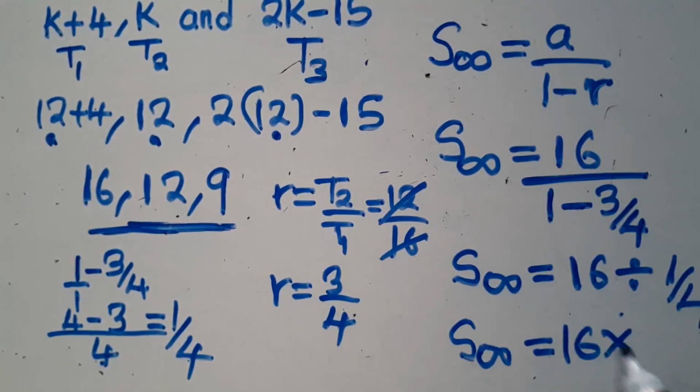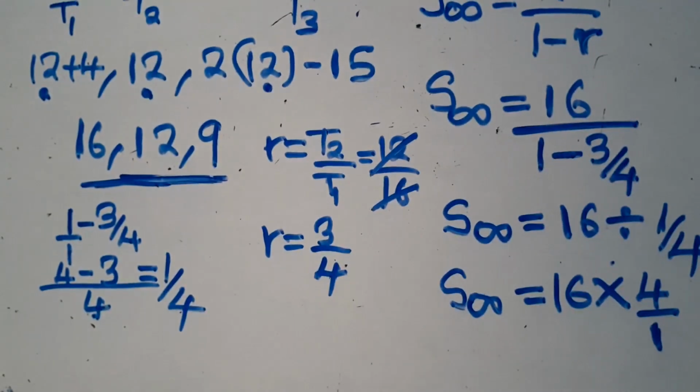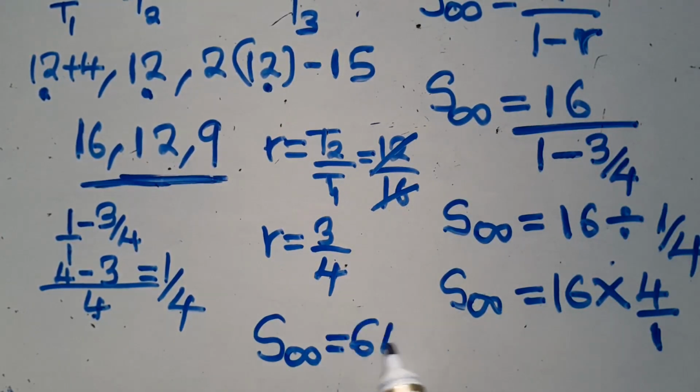This changes to times 4 over 1. So what is 16 times 4? What answer are you getting? Sum to infinity is equal to 64. This is your answer.